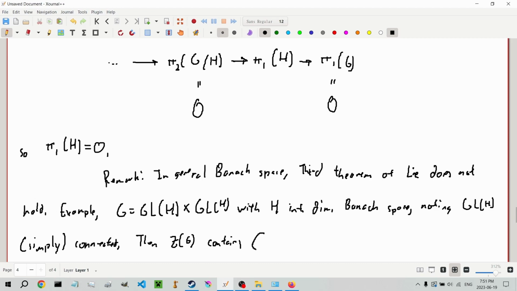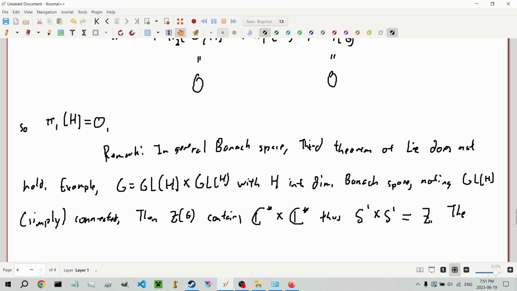So it contains the multiplicative group of the complex numbers times itself, which itself contains the simple circle times itself, which we're going to define to be z.